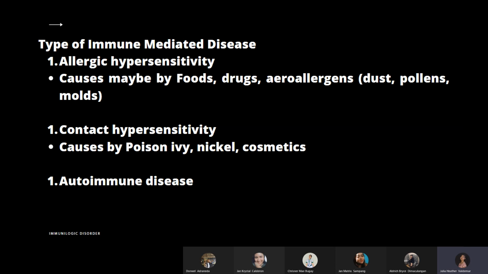Next is pernicious anemia, Goodpasture syndrome, myasthenia gravis, which is where one eye is not level with the other eye, and Graves' disease, where the eyes are bulging. That's all for the autoimmune diseases. I will not further discuss each of these diseases because most of them we are very familiar with.